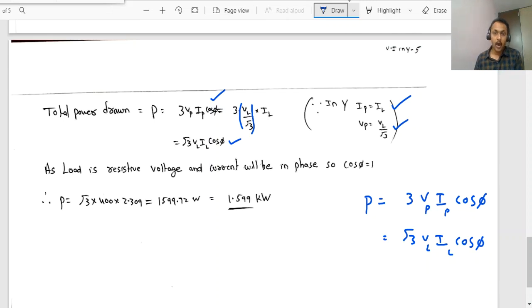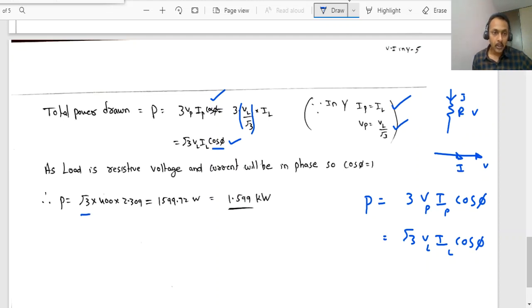Right. Now what could be the angle between the voltage and current? Because observe, the load is resistive. From the previous basics, if current I is flowing, V is the voltage across resistor, then both the voltage and current will be in phase in resistor. The angle between those two will be 0. So sin 0 is 0, cos 0 is 1, cos phi is 1.